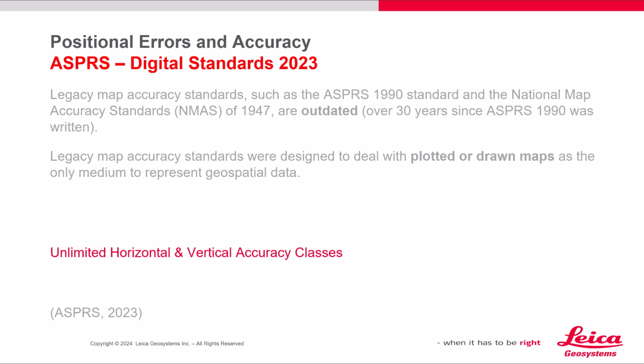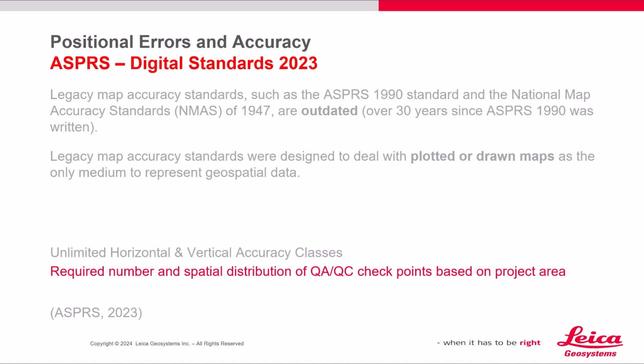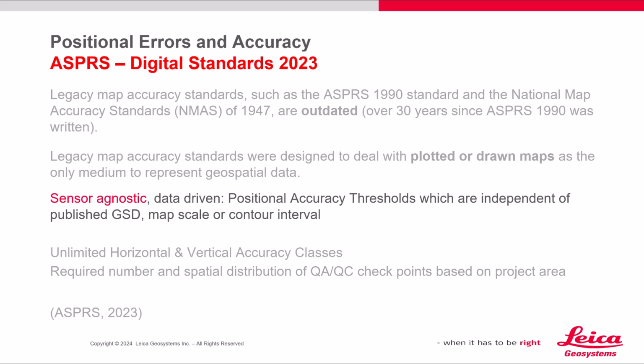And it left us with unlimited horizontal and vertical accuracy classes, which is pretty nice, and a required number of spatial distribution checkpoints based on a project area. It tells you what it should be, and then it's sensor agnostic. So in the past, you really had to have a calibration and involve that in the accuracy calculations. And it's all metric, so you'll have to convert if you don't want to use metric.